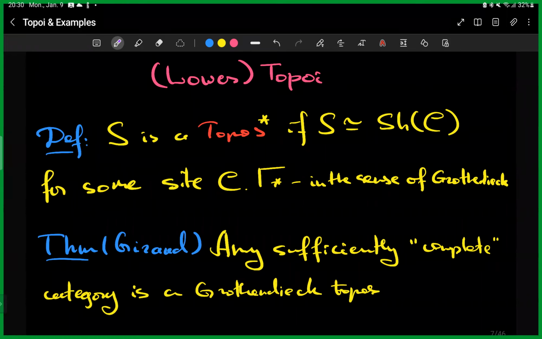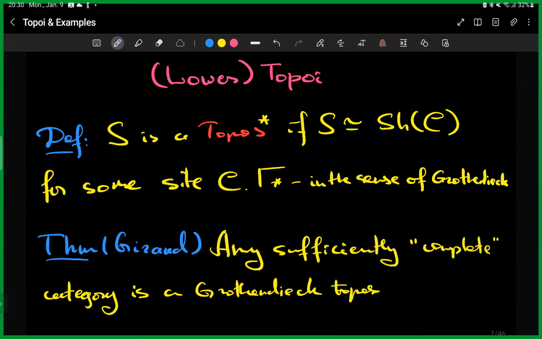And Giraud's theorem, which is one of the fundamental theorems of topos theory, says that, in fact, this condition that some category is a Grothendieck topos is an internal one, meaning that if we have a category which satisfies suitable completeness conditions, it in fact can be realized as a Grothendieck topos. So we can find a certain site and a category of sheaves on this site would be equivalent to our category S.